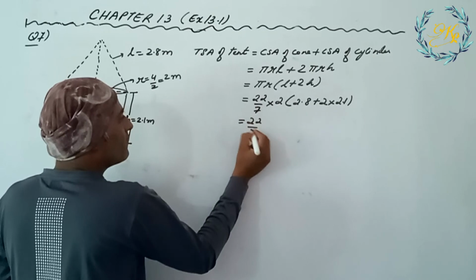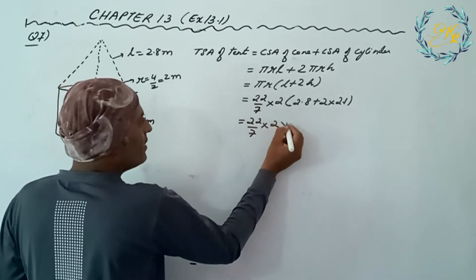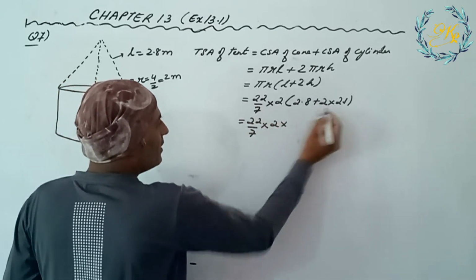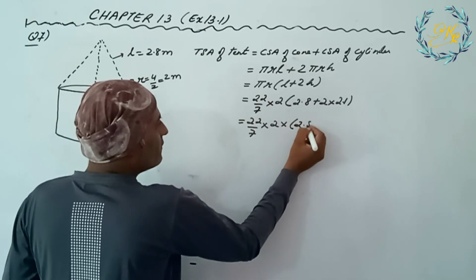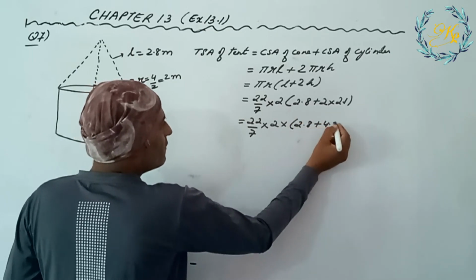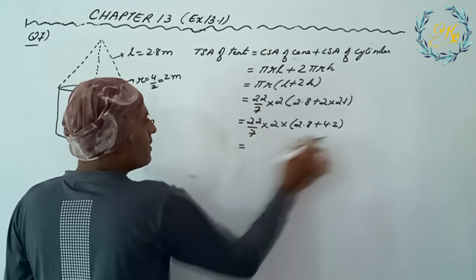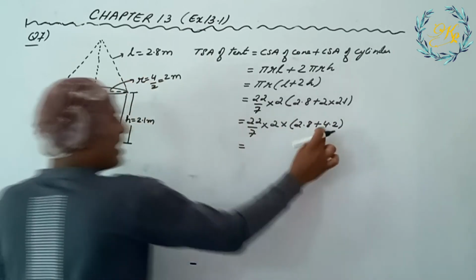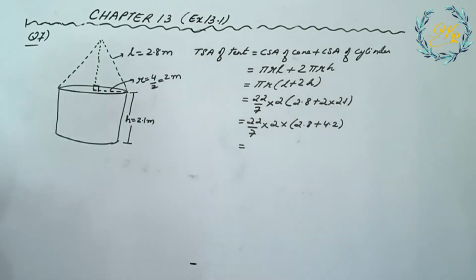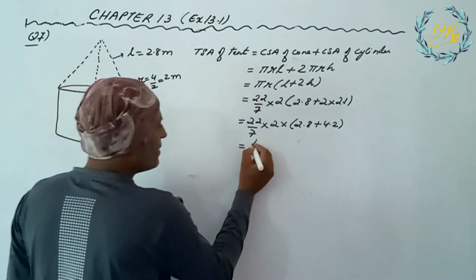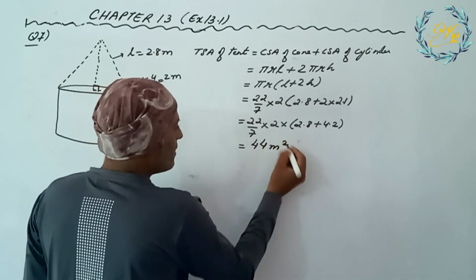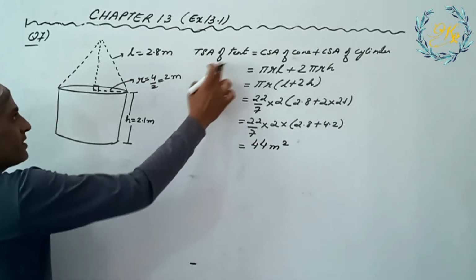Further solving, we get the value as 22 by 7 into 2 into, let's solve this. Here in bracket you will have 2.8 plus 4.2. Solving the values in the bracket, add them, okay, and lastly when you solve everything up, you get the answer as 44 meter square. So this will be the value of total surface area of the tent.